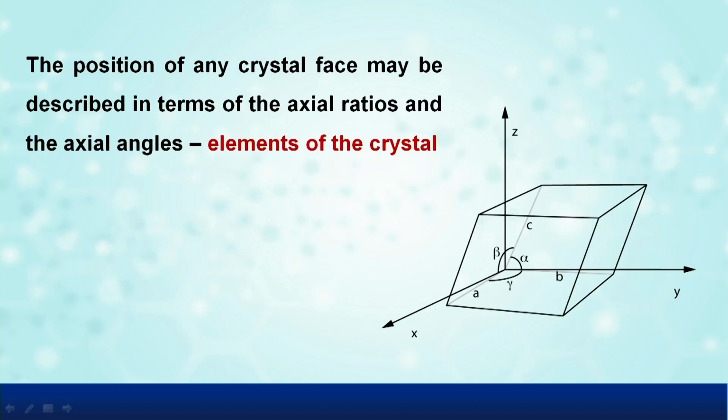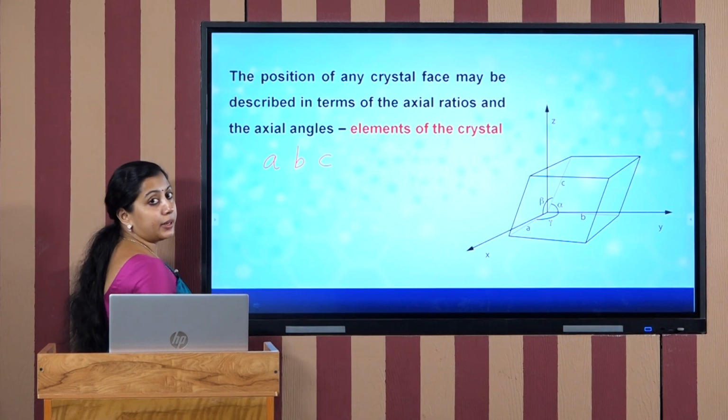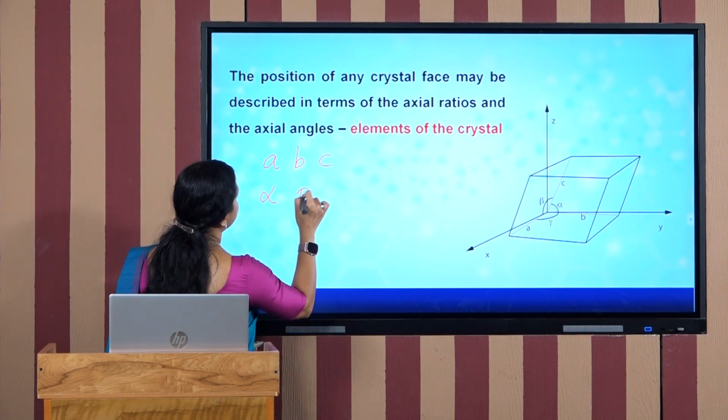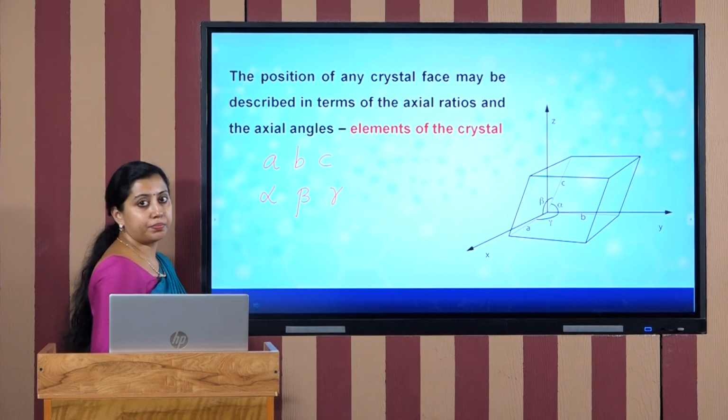Now, next is the elements of the crystal. Till now, we have seen the three crystallographic axes, a unit plane, and how a unit plane intercepts the crystallographic axes, and that those intercepts are given as the unit intercepts A, B and C. We also saw the axial angles, that is alpha, beta and gamma.